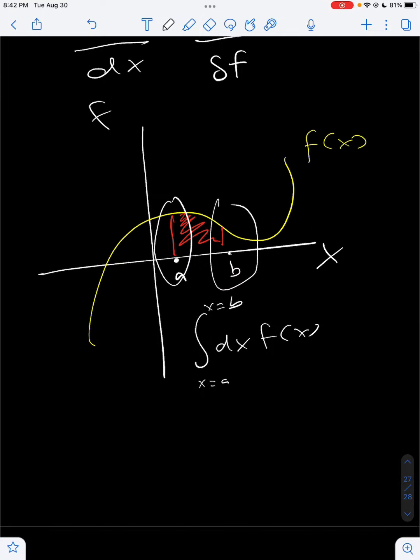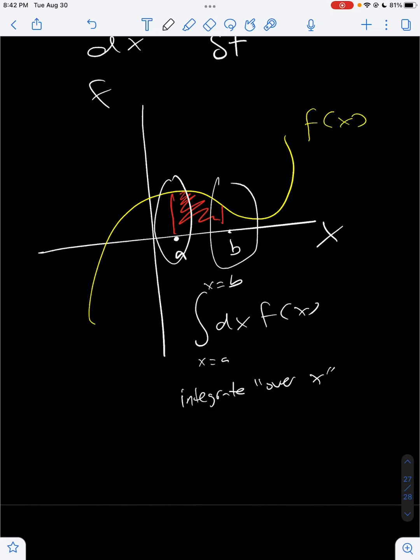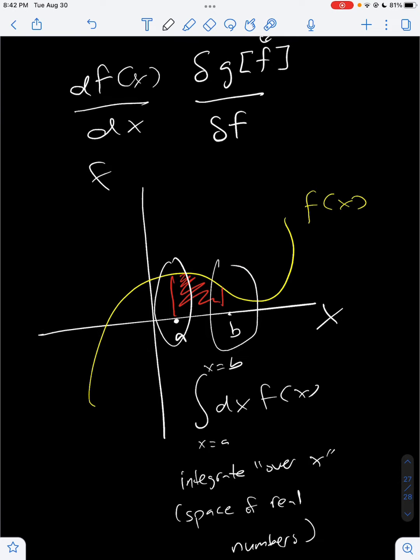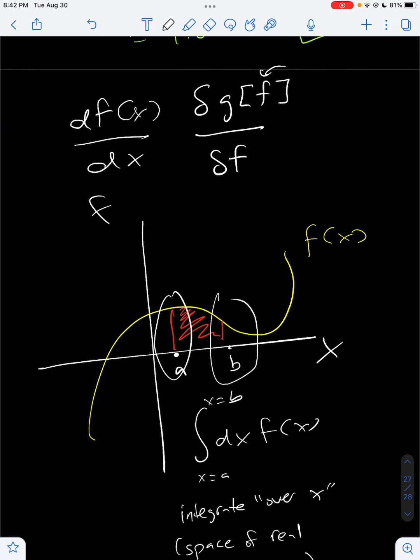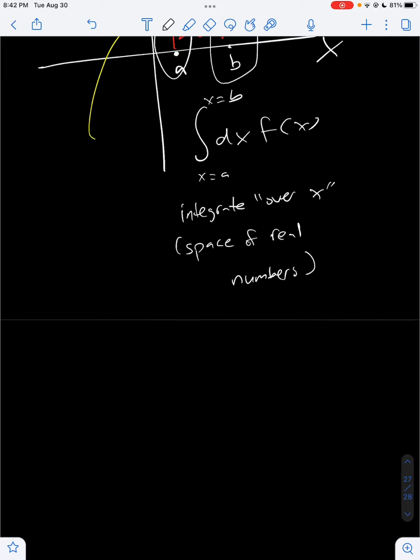So we use the terminology that we integrate over x, all right? Or another phrase you might see used is integrating over a space of real numbers. So what's going to be the case for a functional? Say instead of f of x, we use the functional g of f.